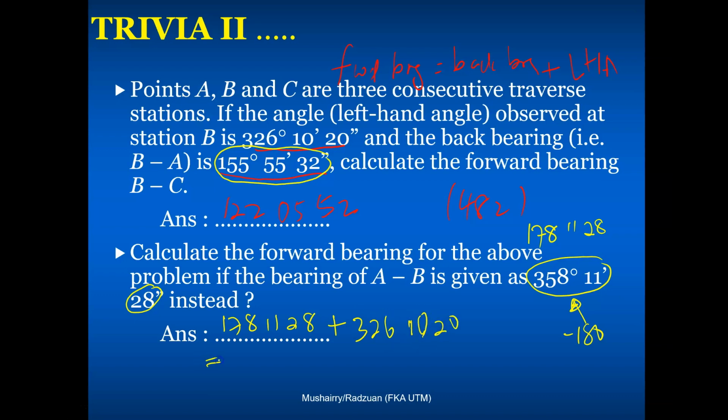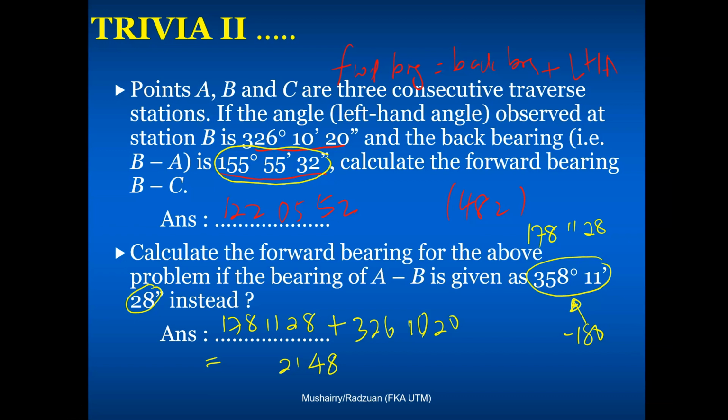So that gives us a forward bearing of 48 seconds, 10 plus 11 is 21 minutes, then we have 178 plus 326.